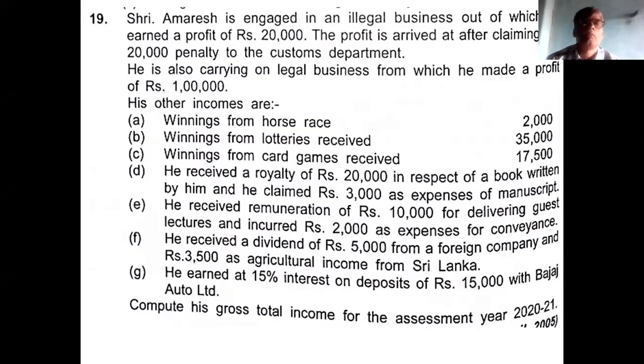In example number 19, Sri Amaresh is engaged in illegal business. Remember this. Whether you engage in legal business or illegal business, the income tax department expects that if you have income, you pay tax.